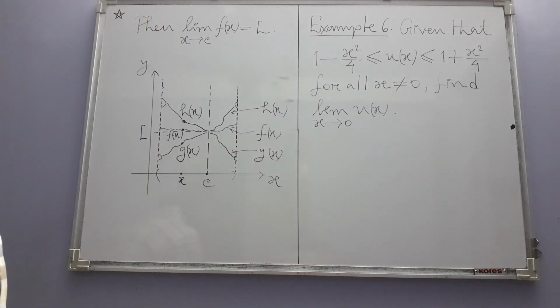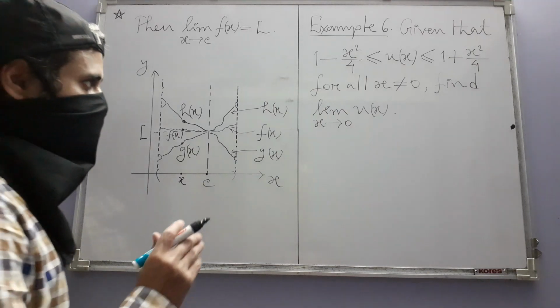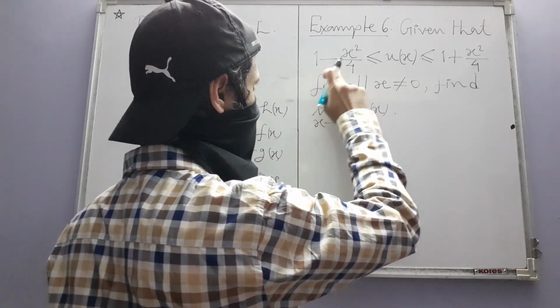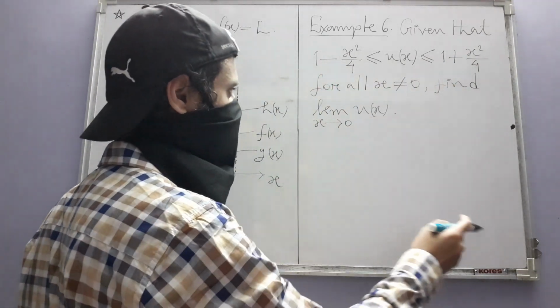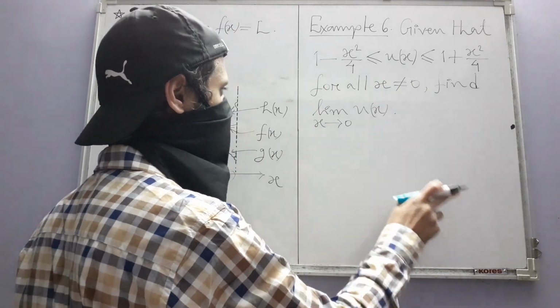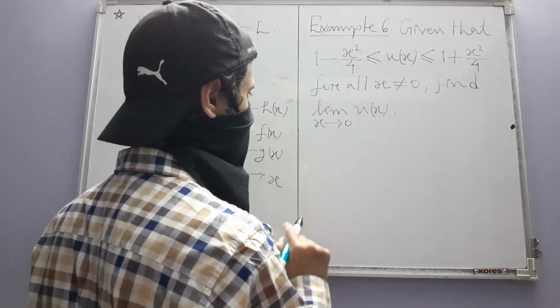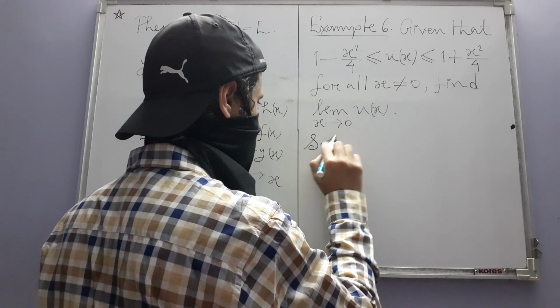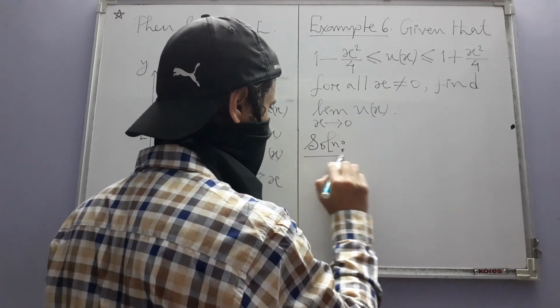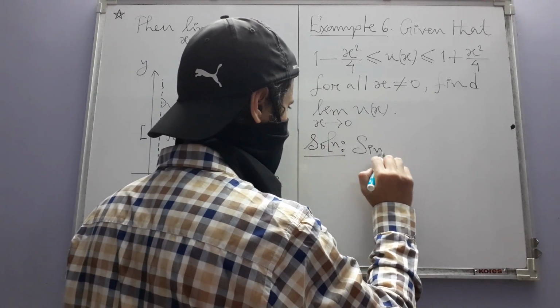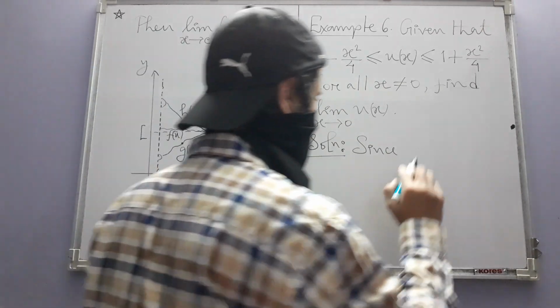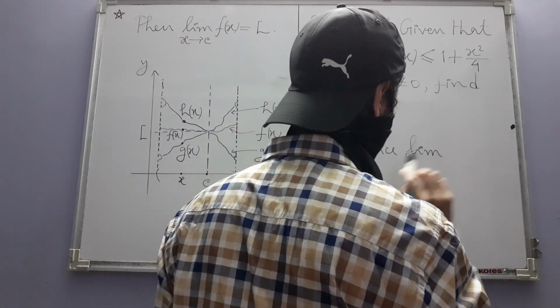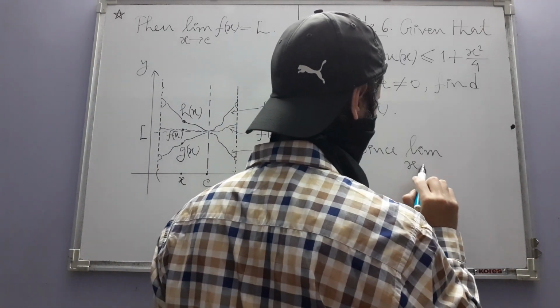So the only thing we have to show here is that these two functions approach the same limit, then that value will be the value of this limit. But that is just simply absolutely straightforward.